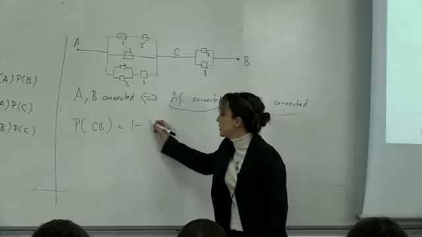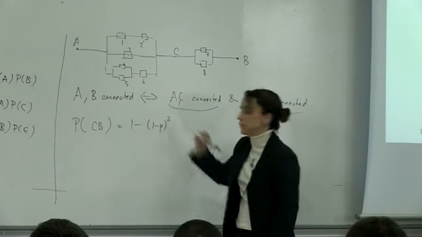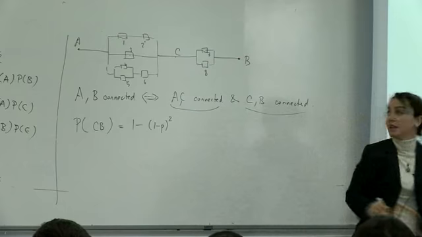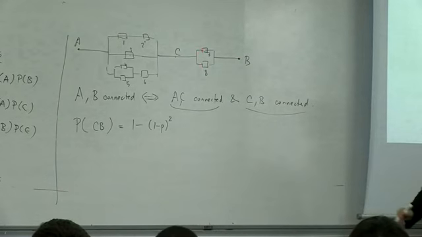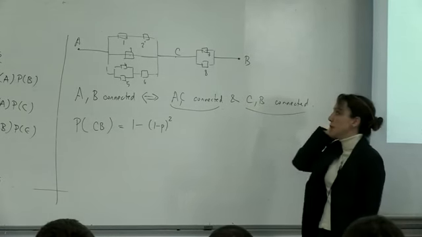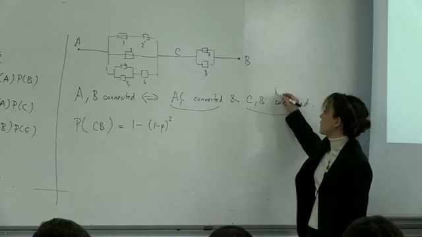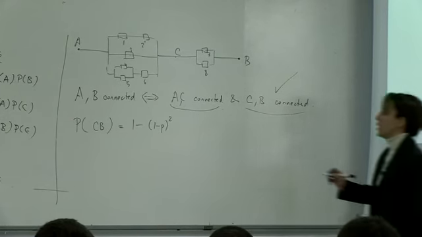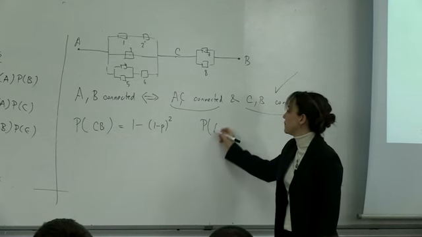Right? 1 minus p squared is the probability that 7 and 8 are both off. Okay? So 1 minus that is the probability of CB being connected. So we got this part done. Let's do the first part. Probability of AC.